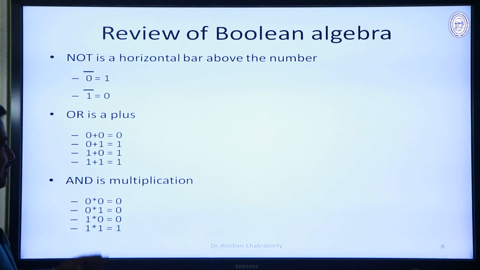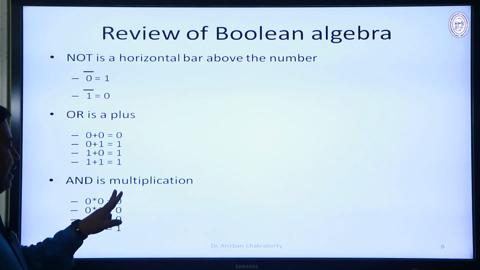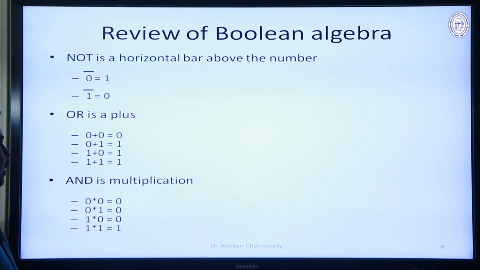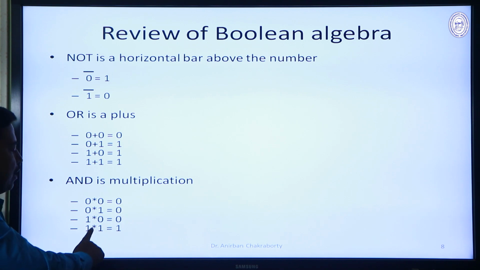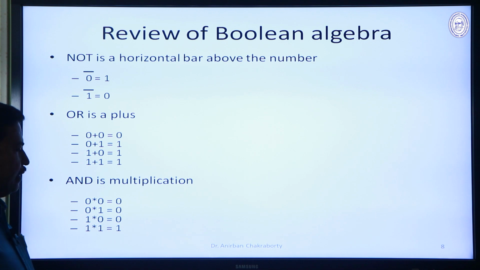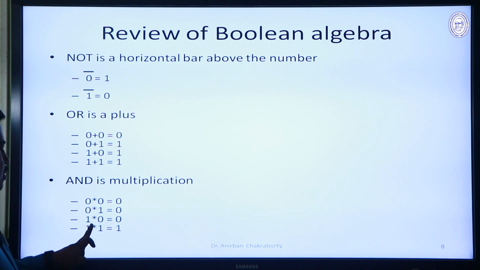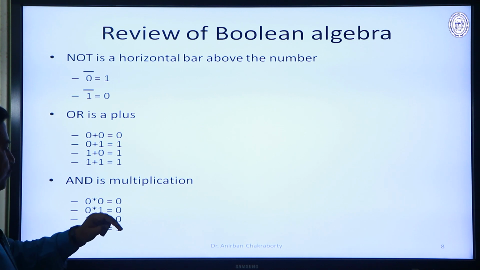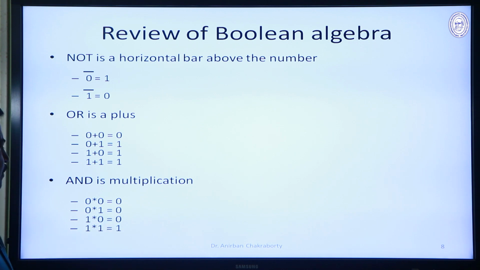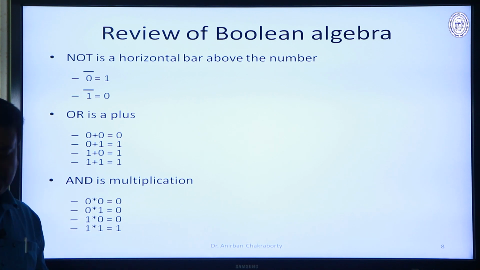In AND, the concept is that only when all the inputs are 1 will I get 1, else I will get 0. Here a star or dot is written; in some books 1 star 1 is written, in some books 1 dot 1. Don't get confused, everything is the same, it is just the concept of AND.